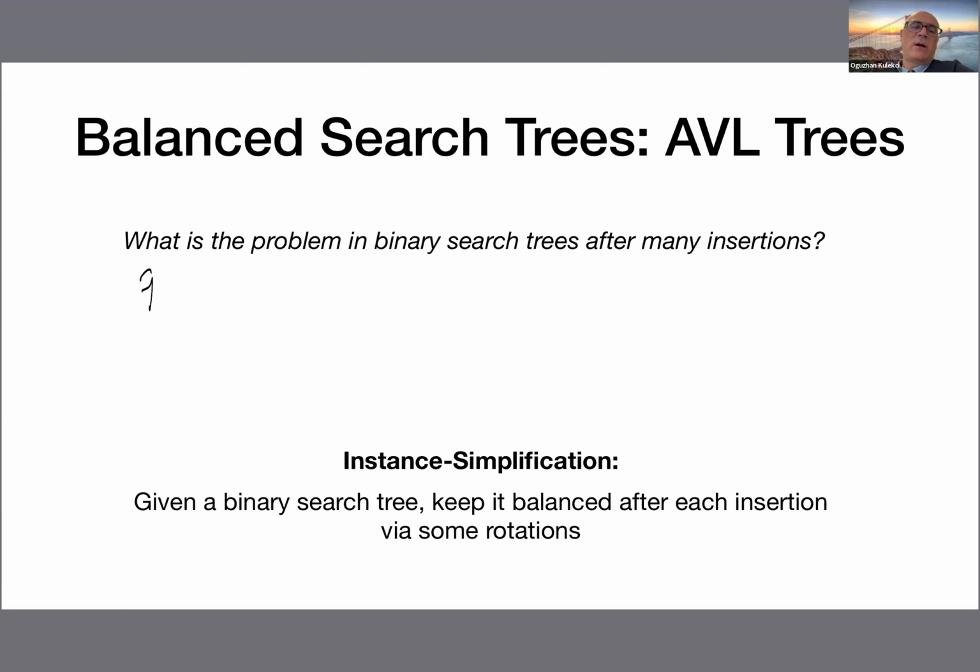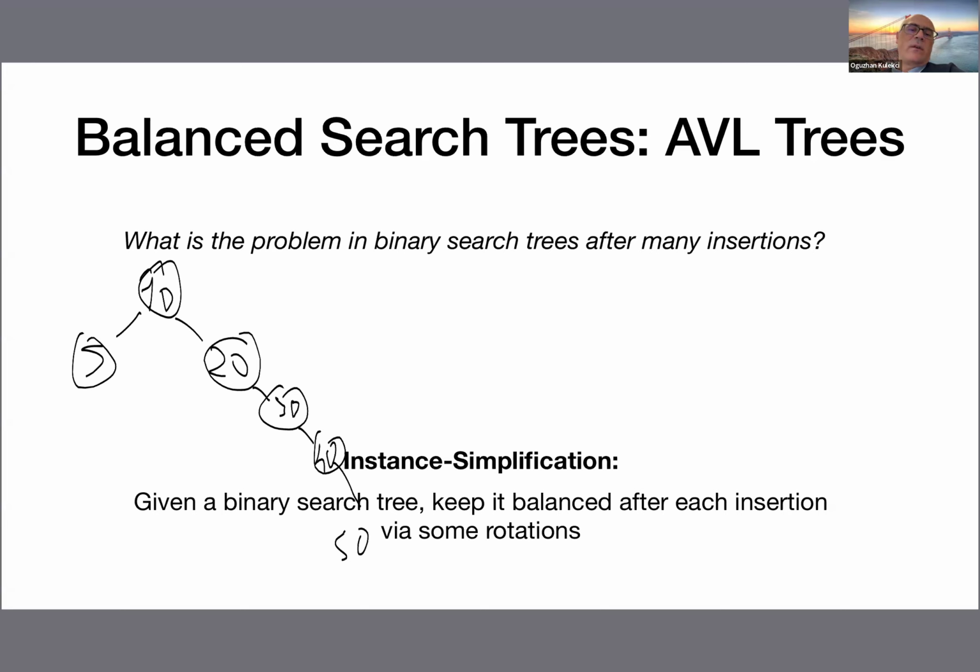Let's assume I have this binary search tree. That is 5 and that is 20. So that is something nice. And then I keep inserting elements. 30. 30 will come here, right? And then 40. And then 50. What happens is that this branch is becoming longer and longer than the others.